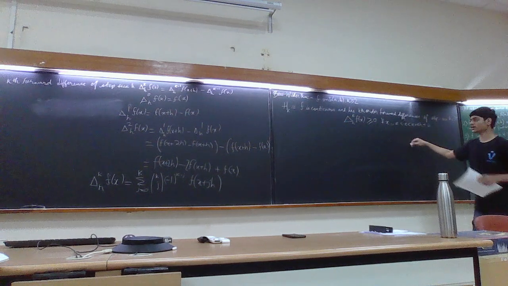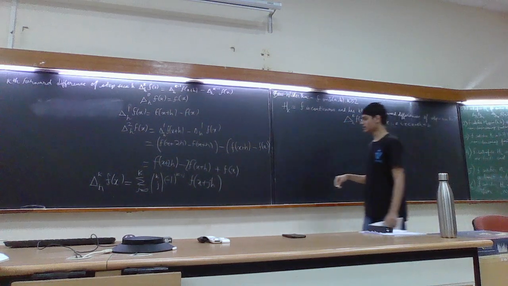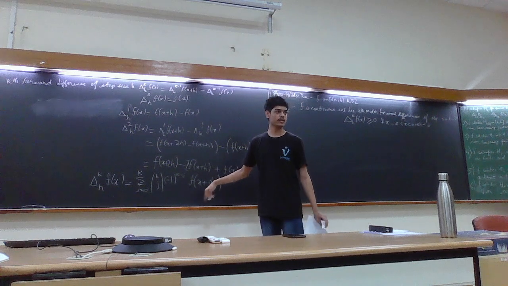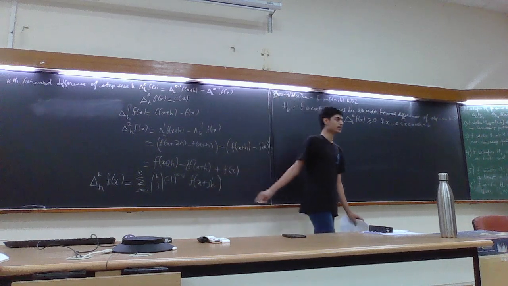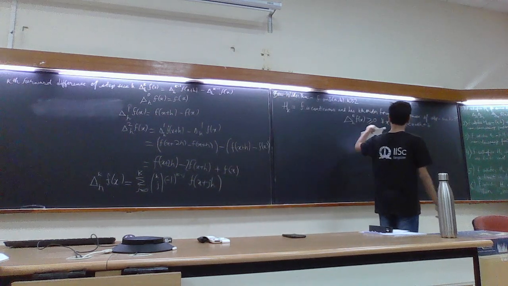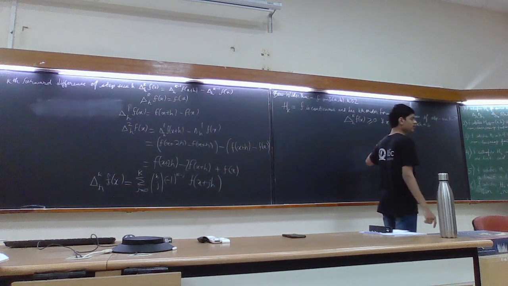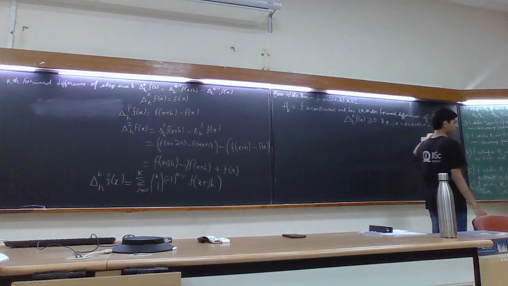Okay, so it amounts to saying that this holds because the smallest input will be x, and the largest input will be x plus k times h. So both should lie between a and b.